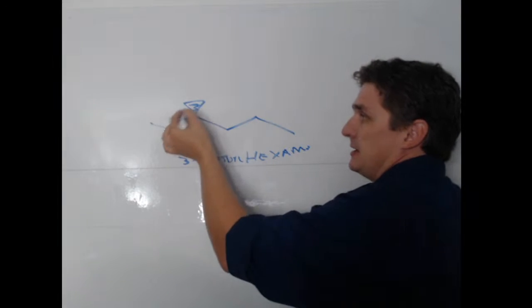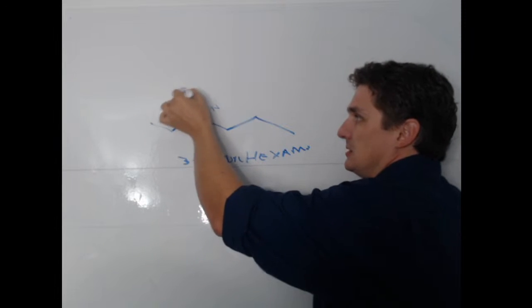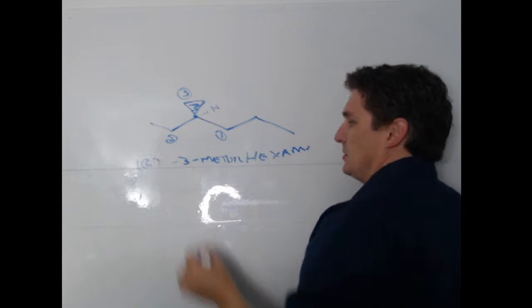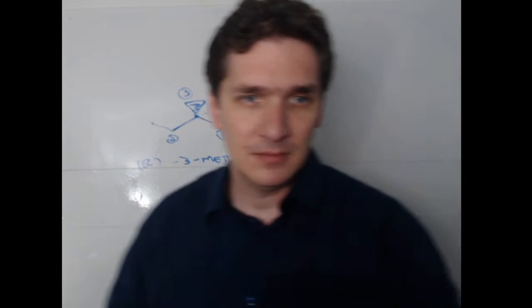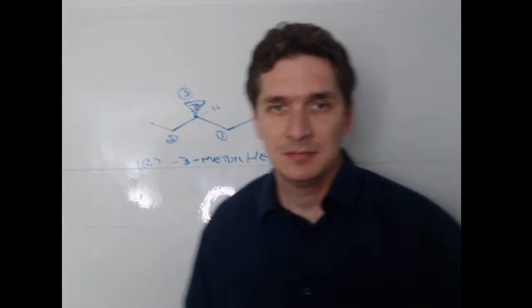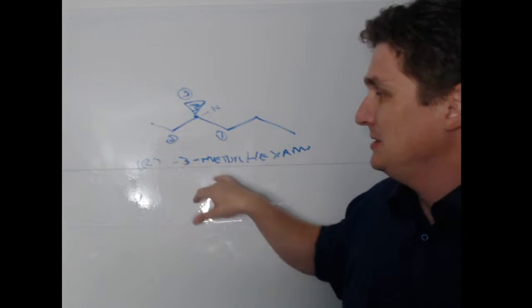And then you have to figure out the RS. So all the hydrogen goes back, and first point of difference is this one. So it's 3, 2, 1. So 1, 2, 3. This is R, 3-methylhexane. But once you now do the RS, identifying these RS chiral centers gets pretty straightforward.